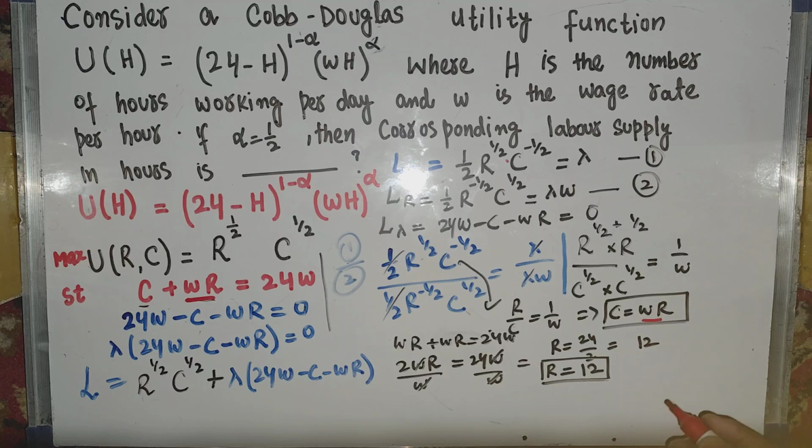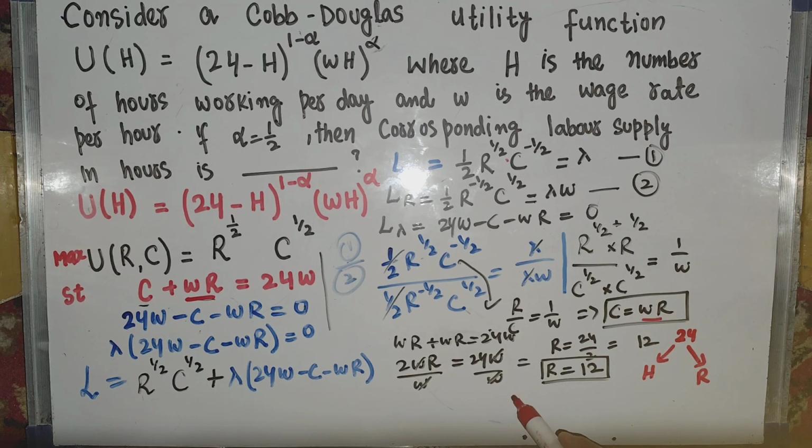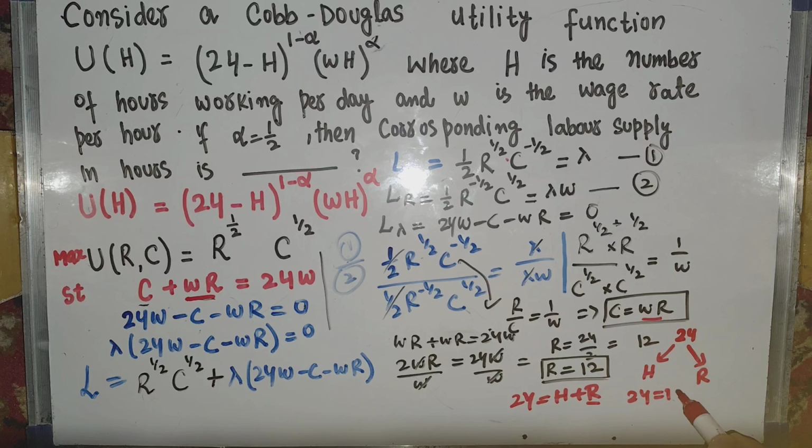We know the relationship that if we have 24 hours, a person is working for H hours and spending R on leisure, then 24 should be equal to H plus R. Now R is equal to 12 here, so 24 is equal to H plus 12, that means H will be equal to 24 minus 12, that means the person should work for 12 hours to maximize his utility.